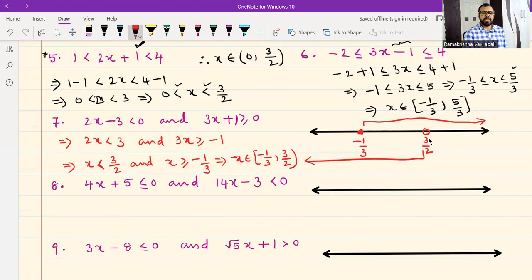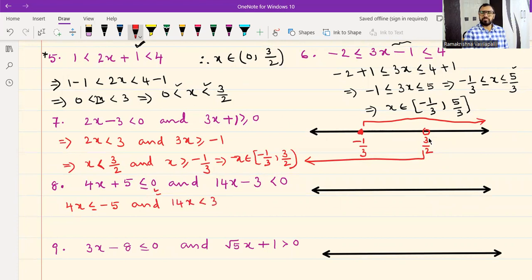Next question, you see here, 4x plus 5 less than or equal to 0. So bring this plus 5 to the right side. 4x less than or equal to minus 5. And the second inequation is 14x less than 3.